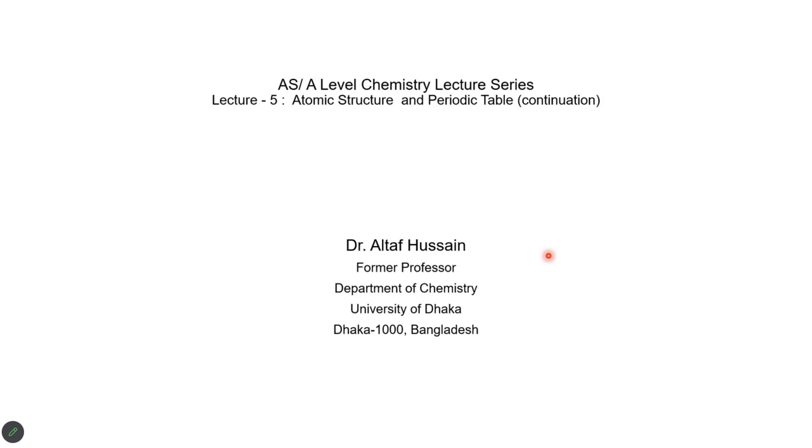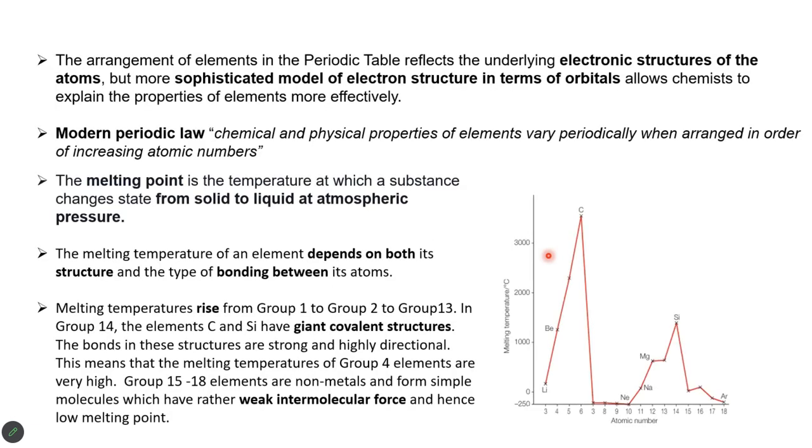This is the fifth lecture of the AS and A-level chemistry lecture series. In the fourth lecture, I started with the periodic table and electronic structure, and then the properties of elements in the periodic table.